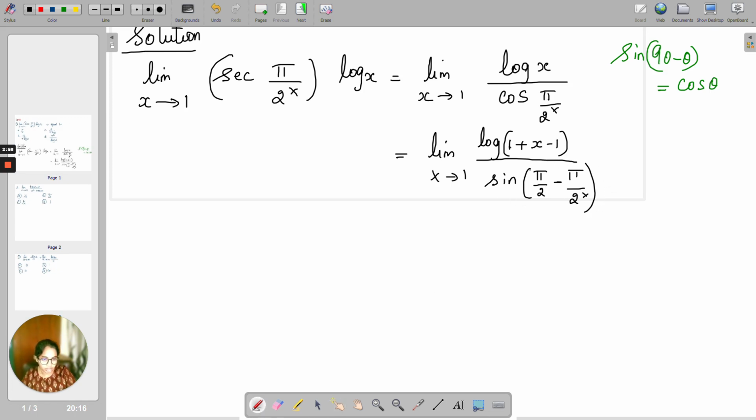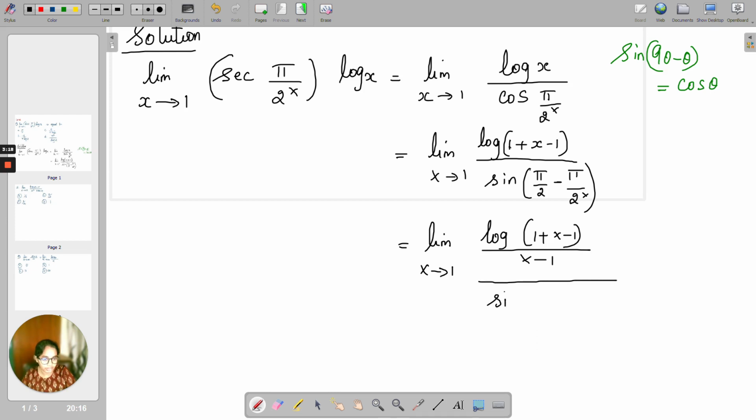So I would get limit x tending to 1 of log of 1 plus x minus 1 divided by x minus 1, whole thing divided by sine of pi by 2 minus pi by 2 power x, whole thing divided by pi by 2 minus pi divided by 2 power x.